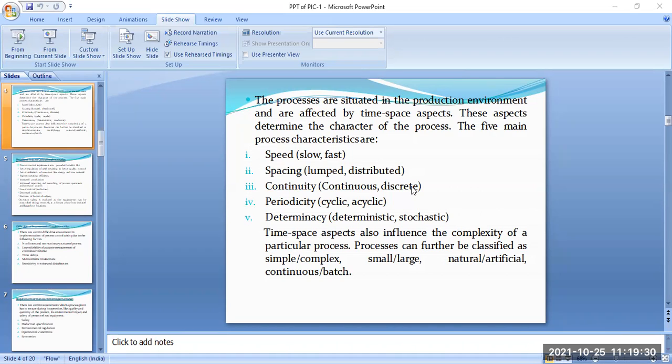And another one is a discrete process. In this discrete process, it is dependent on timing. That means when you give a certain input, you have to set different timings. In that timing, the input is working.